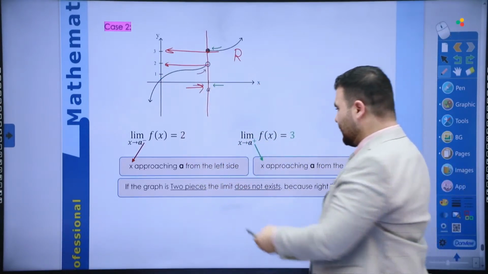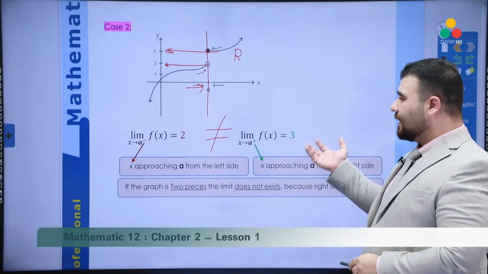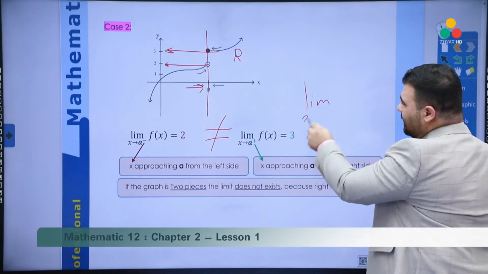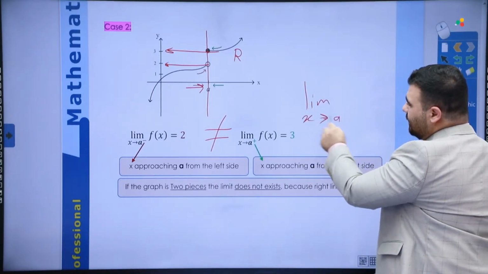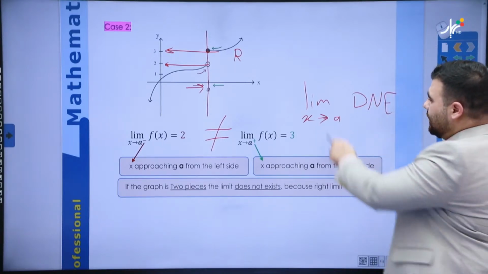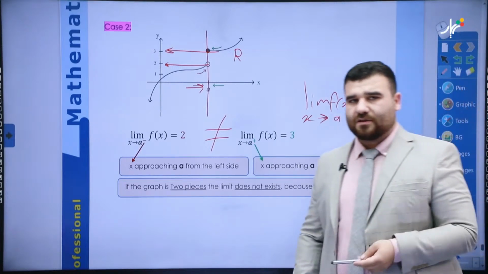Since the left limit is not equal to the right limit, this means limit x approaching A does not exist for f(x). Limit x approaching A for f(x) does not exist.